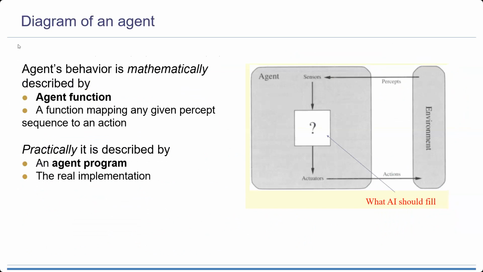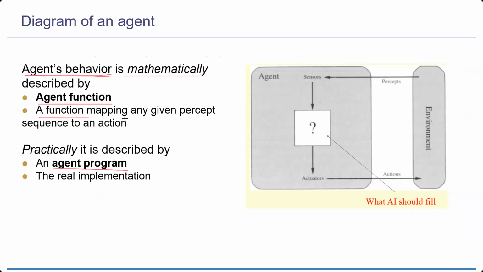In a different kind of definition, some people define the percept sequence as the agent's behavior. So the agent behavior can be described in mathematics. In the agent behavior, we can divide the agent function and the agent program.